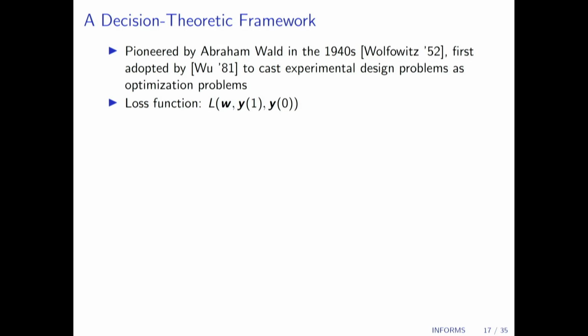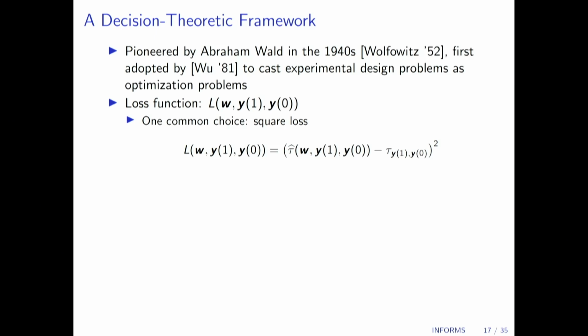So to apply the statistical decision-making framework, we usually define a loss function first. This loss function is a function of our treatment assignments and of all our potential outcomes. It depends on all of them.